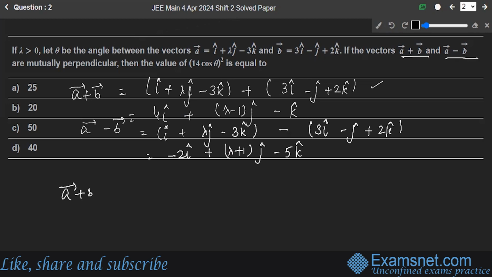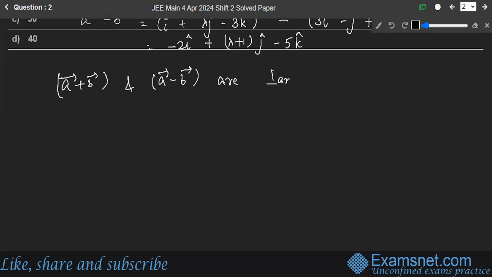So these two vectors are perpendicular to each other. That means their dot product is 0. If they are perpendicular, the dot product of these two vectors is equal to 0. So let's find the dot product of these two vectors.